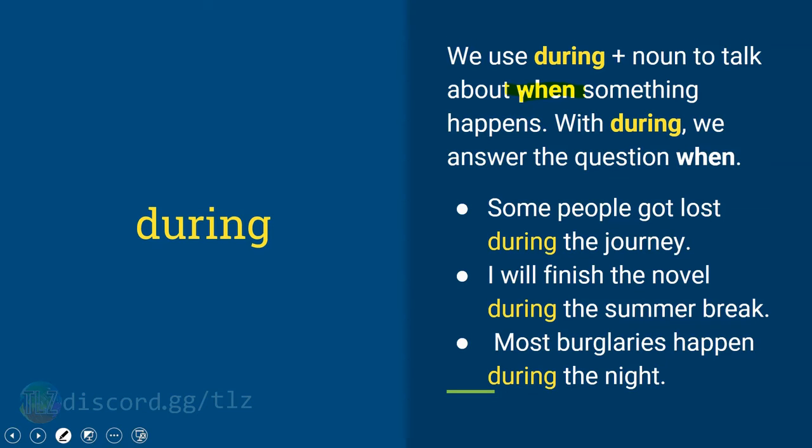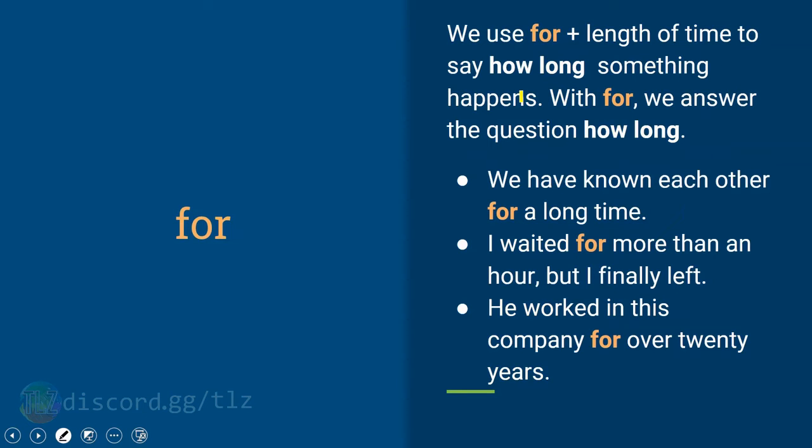And when do most burglaries happen? Most burglaries happen during the night. Capiche? Simple. You just look at the sentence and ask yourself, does this answer the question? And you ask yourself, not someone else.